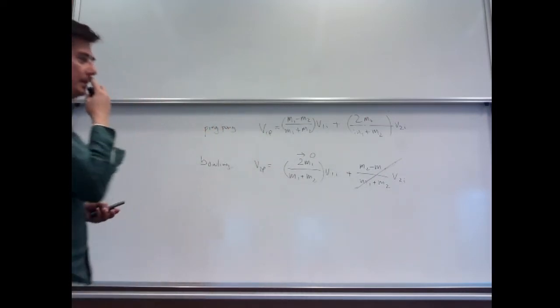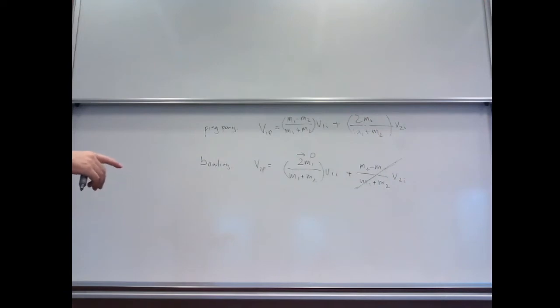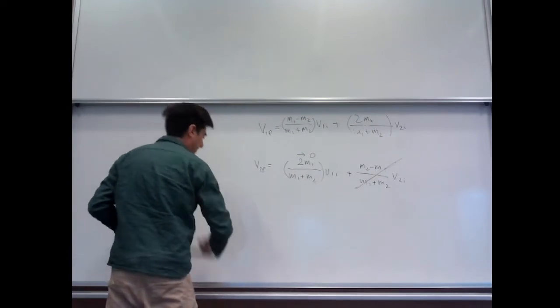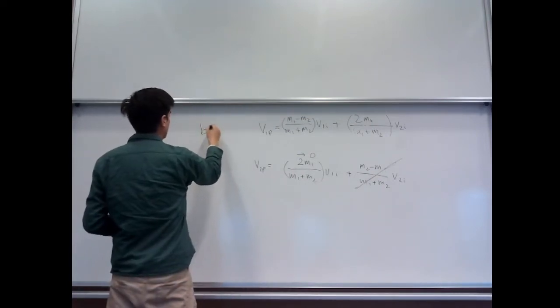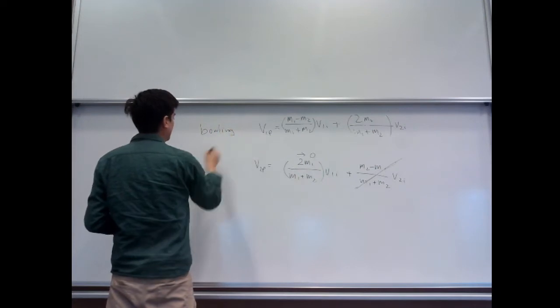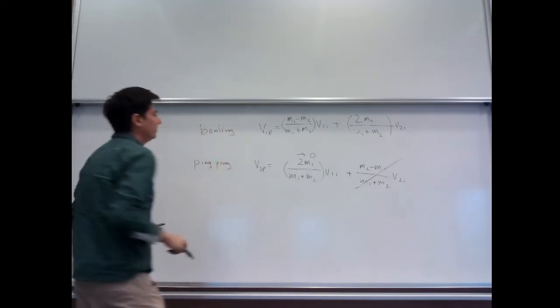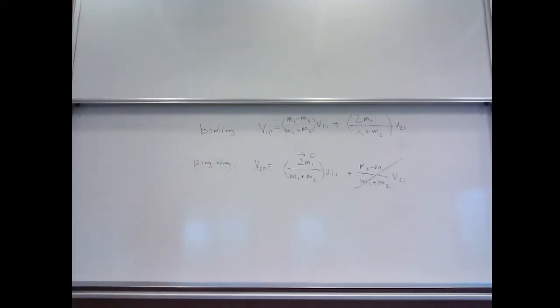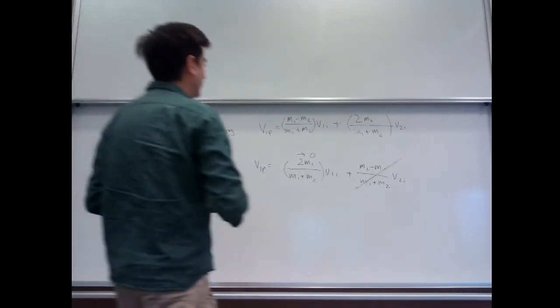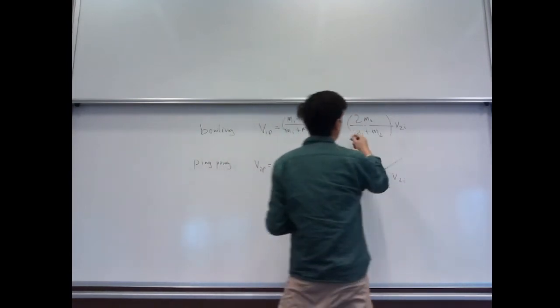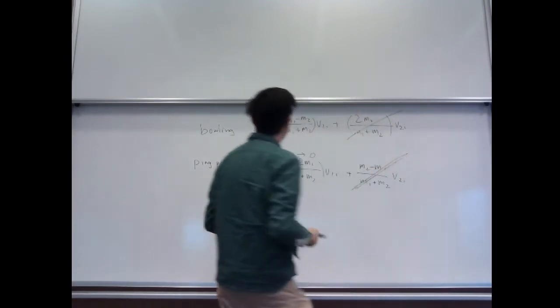So in this case, M1 is the bowling ball, and this is the ping pong ball. And this V2, the ping pong ball, is initially not moving, so we can, again, forget about these guys.